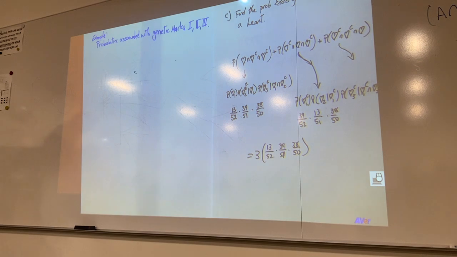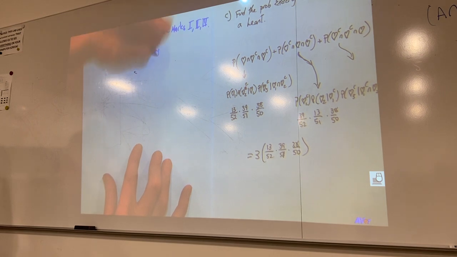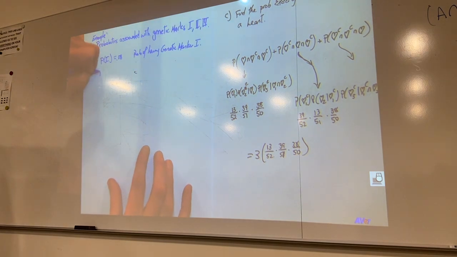Let's suggest the probability of having genetic marker 1 is 0.08. And the probability of having genetic marker 2 is 0.10. The probability of having genetic marker 3 is 0.12.